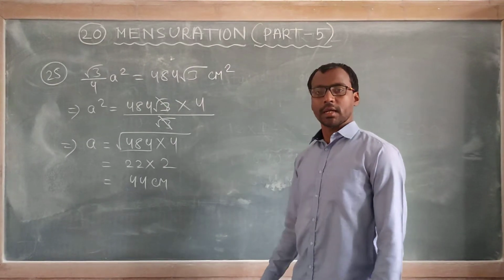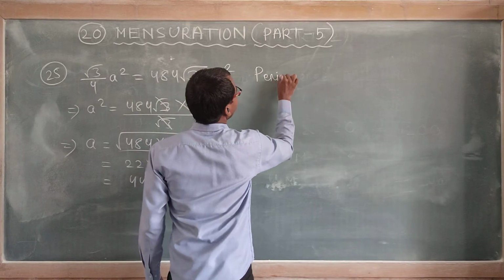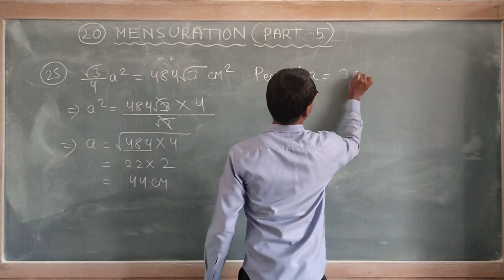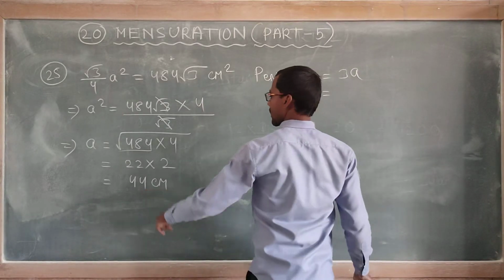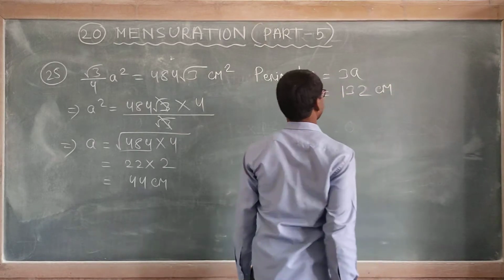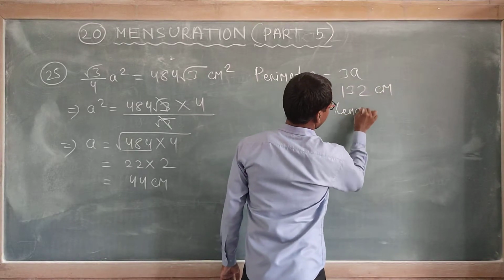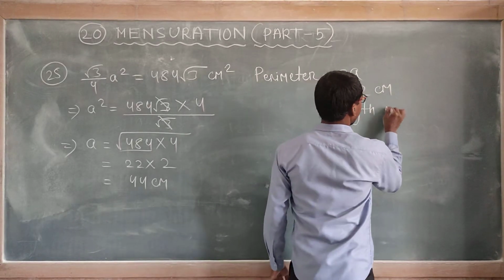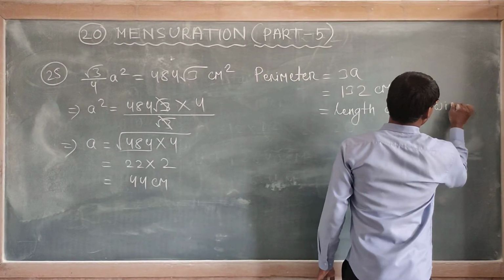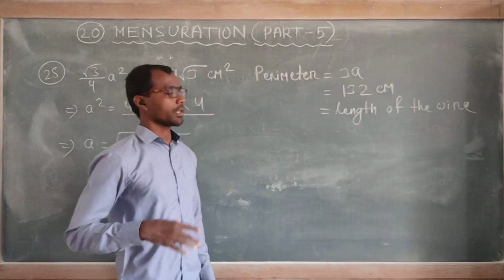Now it is an equilateral triangle, so its perimeter will be 3a. 3 into side, so 3 into 44 is 132 cm. And this is nothing but the length of the wire, 132 cm.